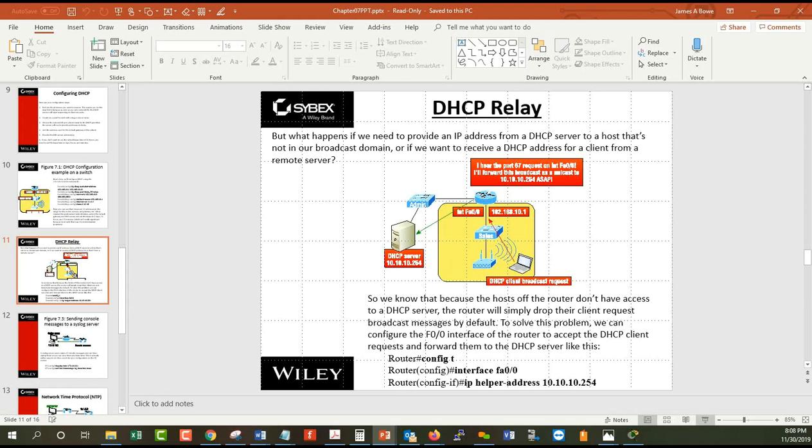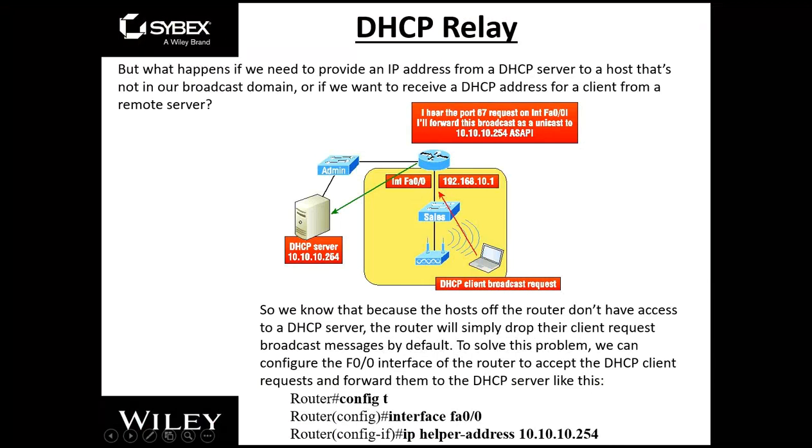One of the things I want you to pay attention to is that this IP helper address command has been applied to interface F0/0 right here. And what it's doing, the 10.10.10.254, it's pointing to the server over here. Now, if your DHCP server is actually a router, then you have to point to an address on the router.